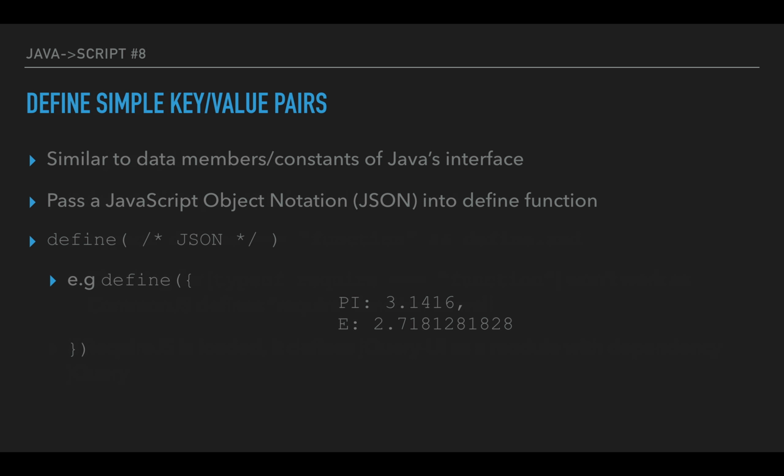The way to define simple key value pairs in RequireJS is to pass a JavaScript object notation, JSON, into the define function. As long as we put in a JSON with the key and the value, we can define it. For example, we put in pi as the key and the value of pi as the value inside the key value pair of the JSON object. And that's how we define constants in RequireJS modules.